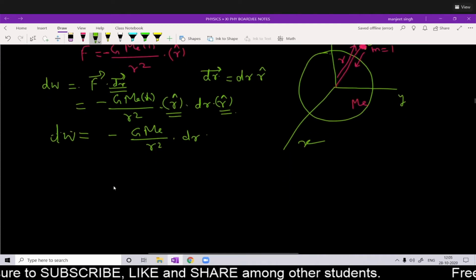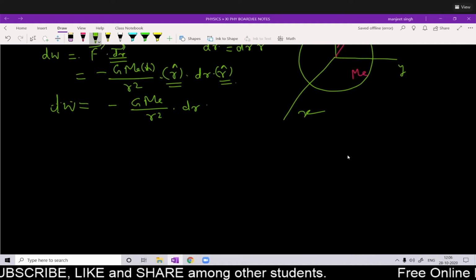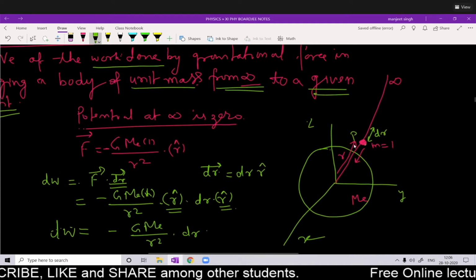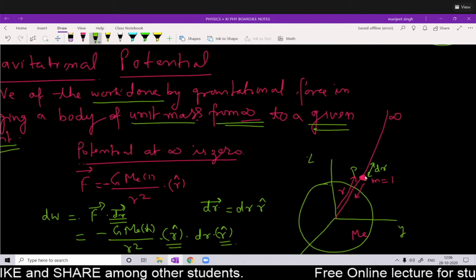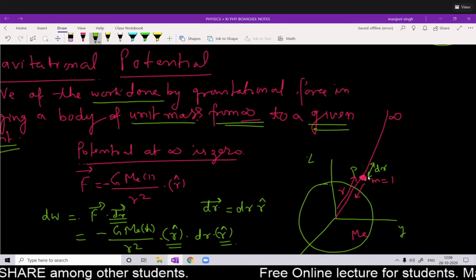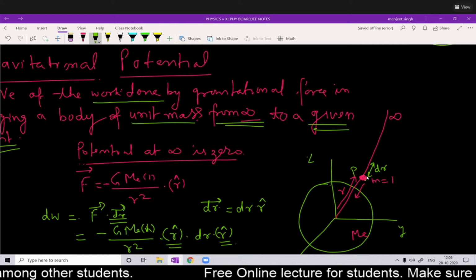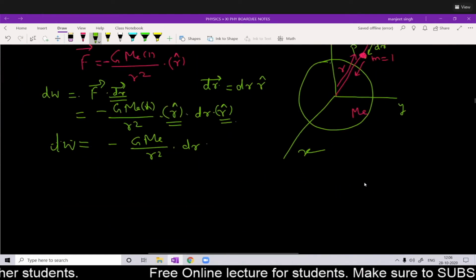What is the total work done from infinity to that point? We have to bring that mass from infinity to this point P and calculate the total work. So that will be the sum of all such small works done during small displacements dr. So we will integrate. What is the total work done? Integration of this factor.